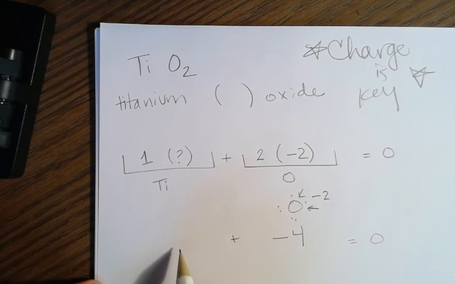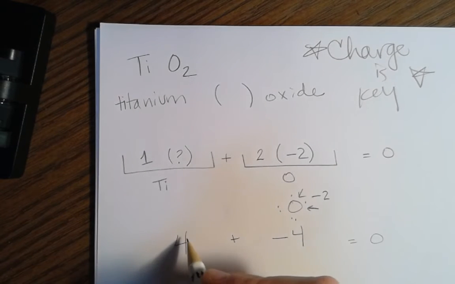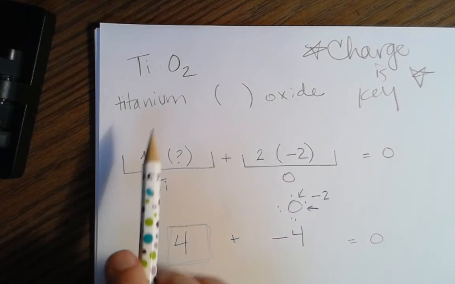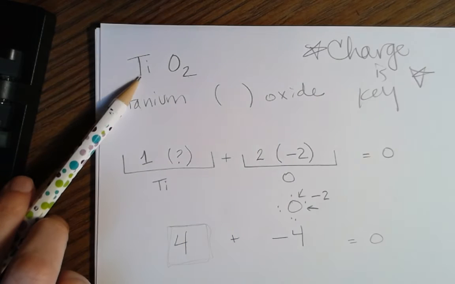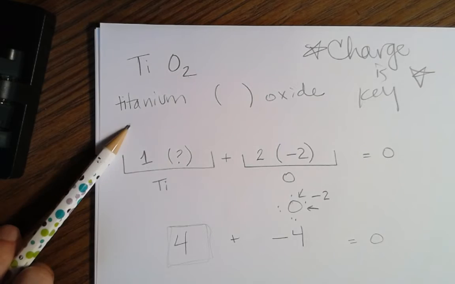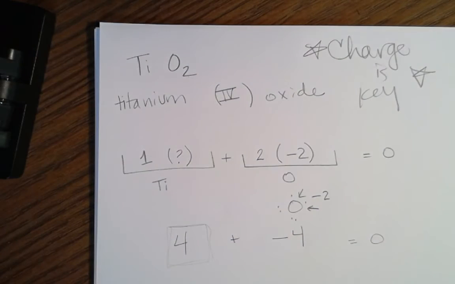Don't overthink it. 4 minus 4 equals 0. That's our charge. We've got just 1 titanium ion, has a charge of 4. So when we write it, we say titanium 4 oxide. Okay.